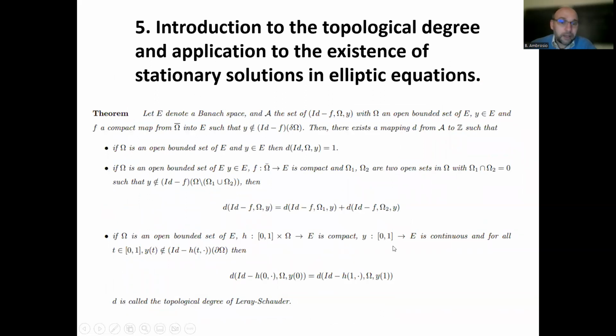And finally, you can also have a look at what is the topological degree theory. And also in the same paper as before, you have a proof for the existence of a solution of an elliptic equation.